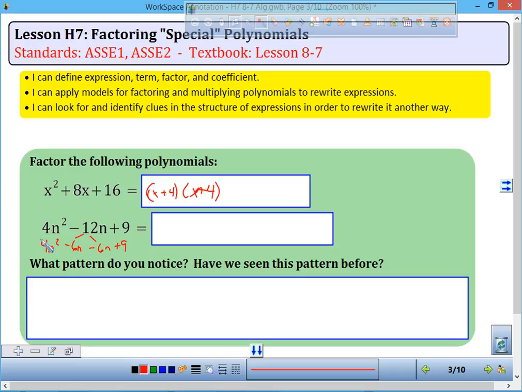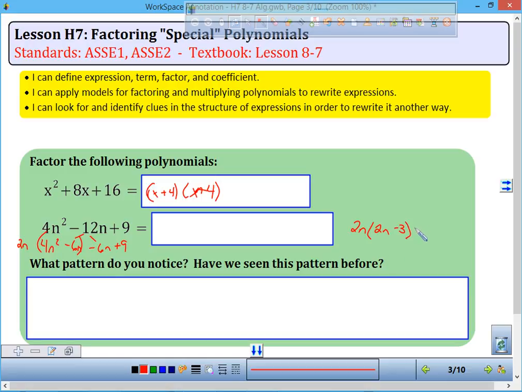And then I find the GCF of each. So I find the GCF here. GCF of 4n squared and 6n is going to be 2n. So then I take the 2n out. So I have 2n, and then what would be left? Well, it would be 2n minus 3.